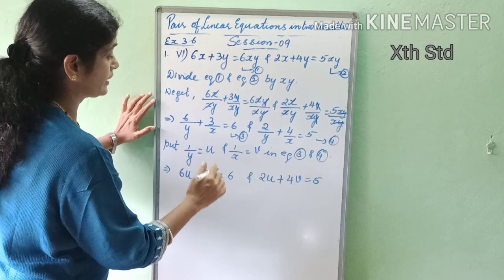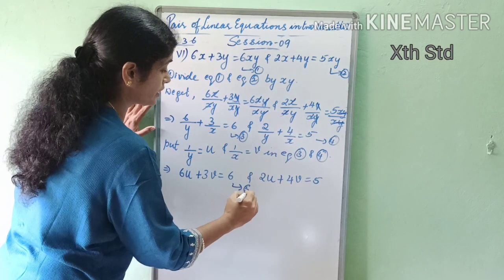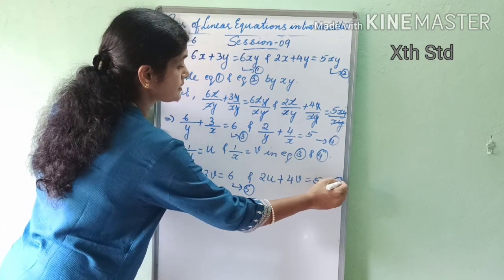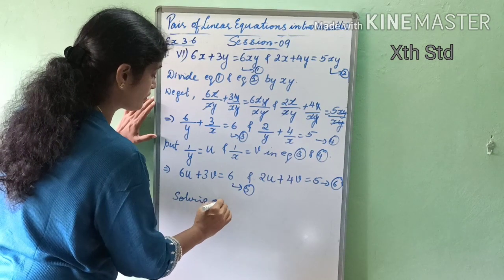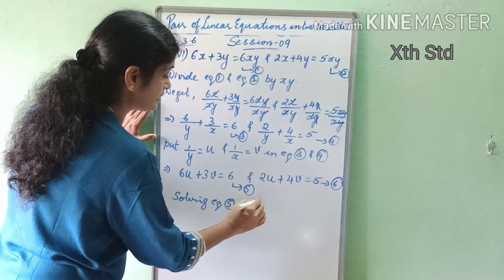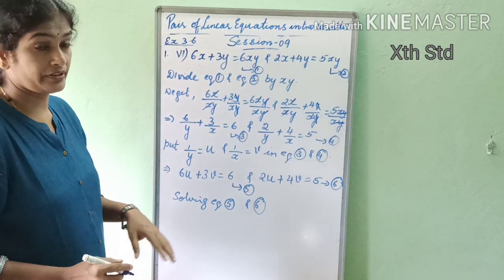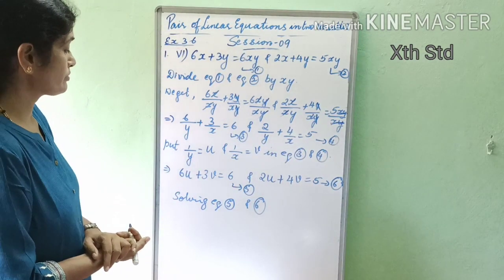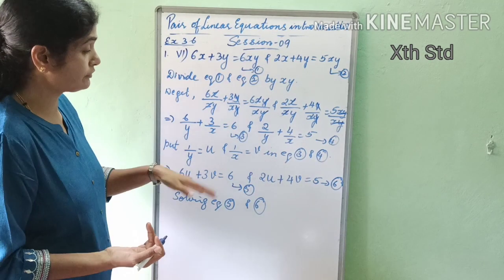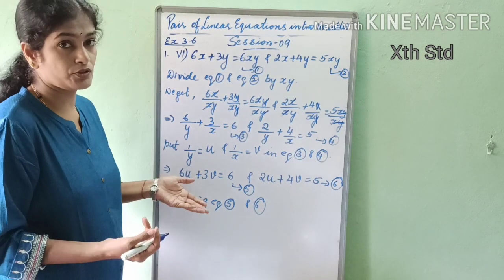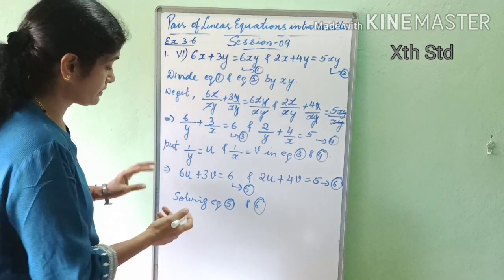Okay, then this is your equation 5 and equation 6. Solving equation 5 and 6 for u and v, which method can you go for? Any one of the algebraic methods, that is either substitution, elimination or cross multiplication.